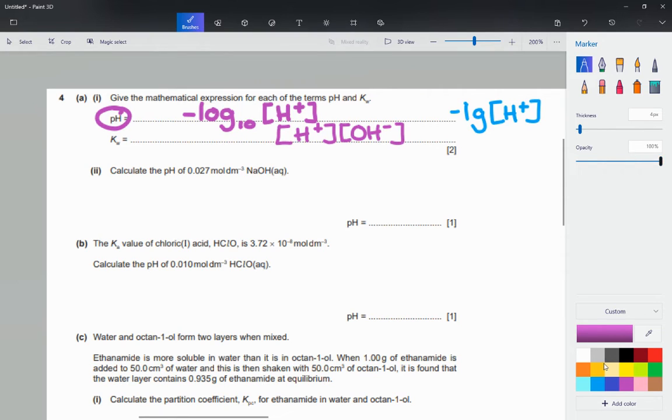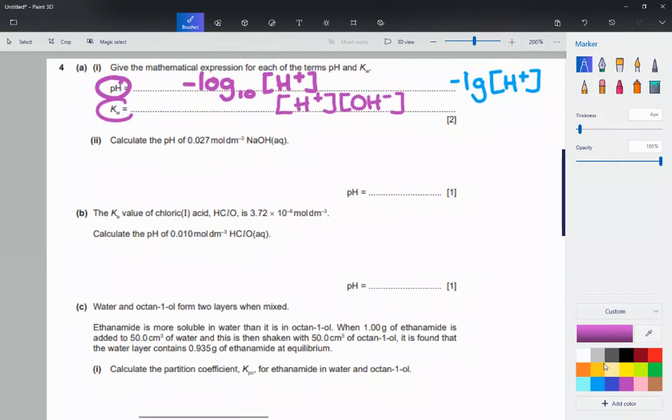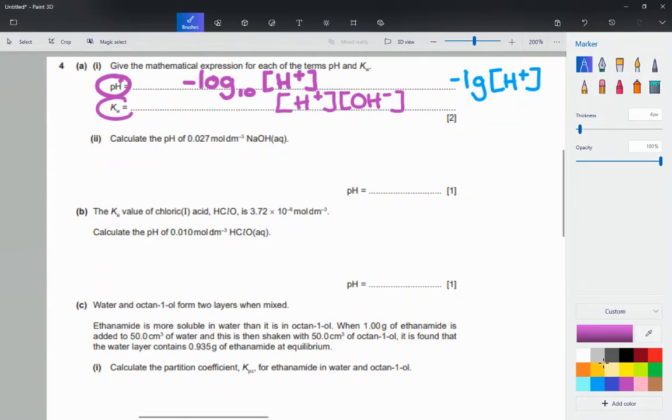Okay, so those questions should be pretty straightforward because it's standard recall. And then we're going to move on to the next part of the question, which asks candidates to calculate the pH of 0.027 moles per decimeter cubed of NaOH.